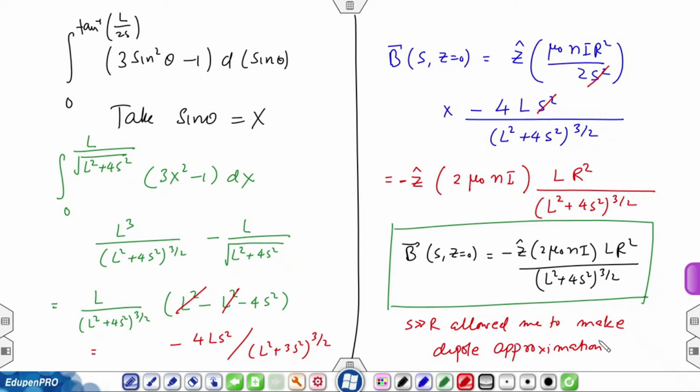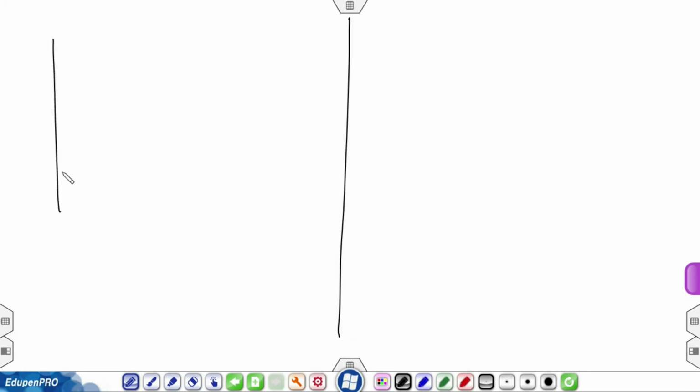Let us now look at some limits of this B. So, for this long solenoid of length L, radius R or diameter 2R, I have gotten the field in the mid plane as B at a distance s and z equals 0.